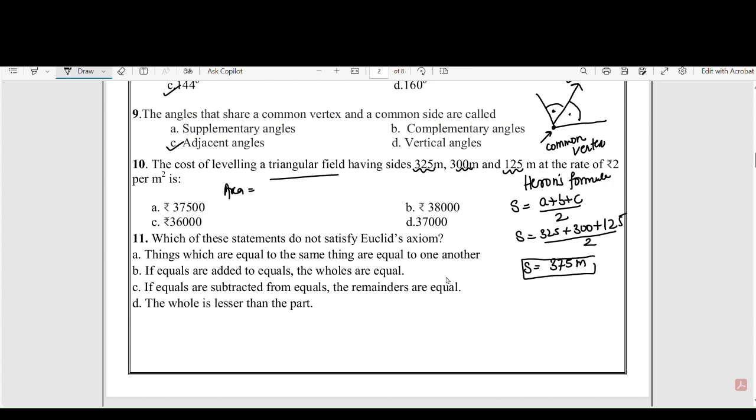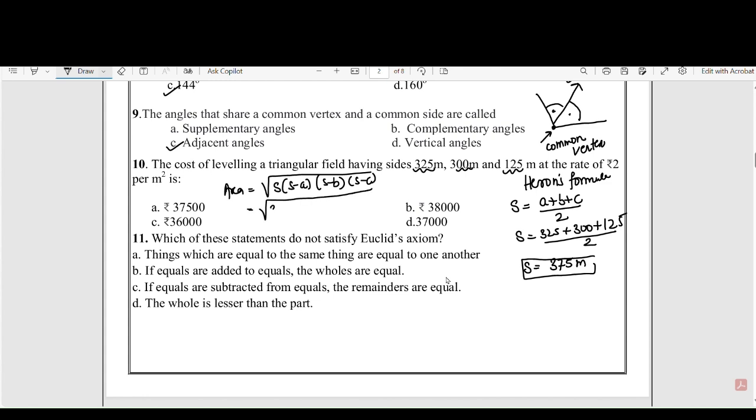Now what does the formula say? Area is equal to square root of S minus a, first side, S minus second side, S minus third side.